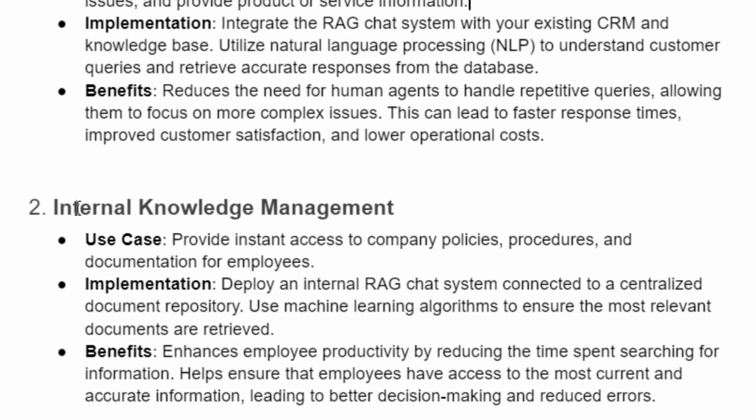Now next is internal knowledge management. In this use case we have a chatbot that has access to all the internal company details and reports, financial, etc., that can be used to answer questions. It can be implemented across the board, from the top positions such as CEOs to bottom employees.